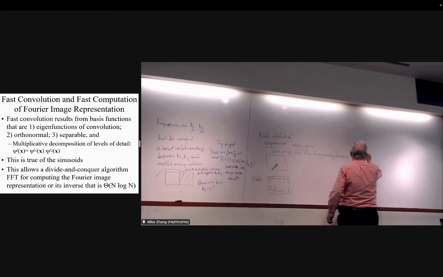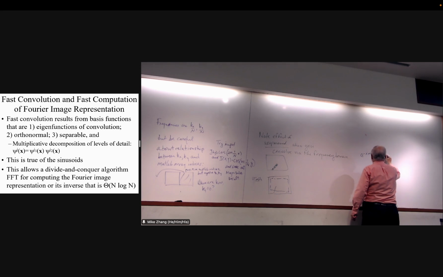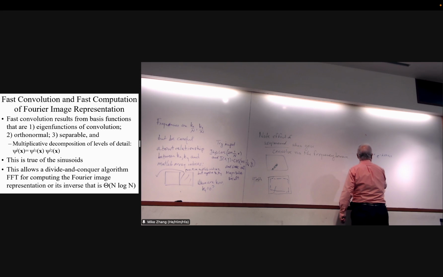Essentially what it comes down to is that e to the minus i 2 pi nu 1 x times e to the minus i 2 pi nu 2 x is the same as e to the minus i 2 pi (nu 1 plus nu 2) x.